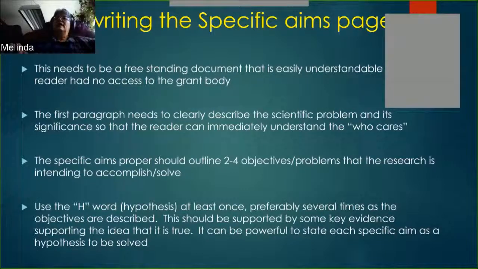Assume the reader of a specific aims page has no access to the grant body. Now, the first paragraph I usually recommend is clearly describing the scientific problem and its significance so that the reader can completely and immediately understand who cares. Like the description you gave me was very, very good. I don't do anything related to what you do, but I can understand why I should care about you doing this. So in that first paragraph, you need to make that abundantly clear.